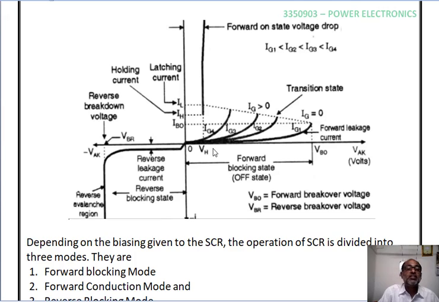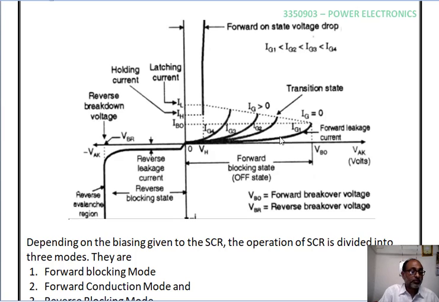Due to this, junctions J1 and J3 are forward biased, and junction J2 becomes reverse biased. So some leakage current flows through the SCR, but its value is very small. It is not turned on, but this small current is called leakage current.